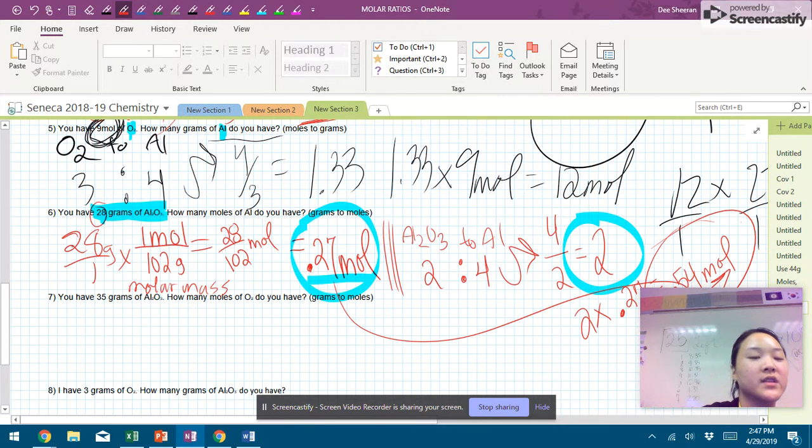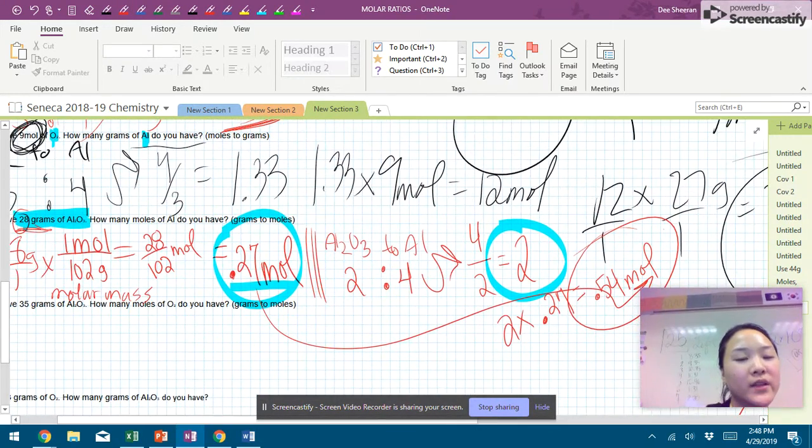So I did 28 over 1 times the molar mass of Al2O3. I used Al2O3 because you see how it's attached to this 28 grams? That's why we use that molar mass. When you multiply it out, you get 28 over 102. When you divide it out, you get 0.27.